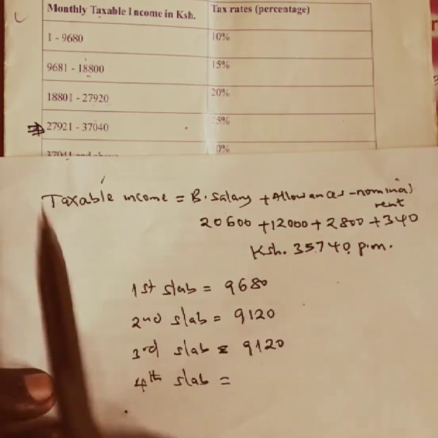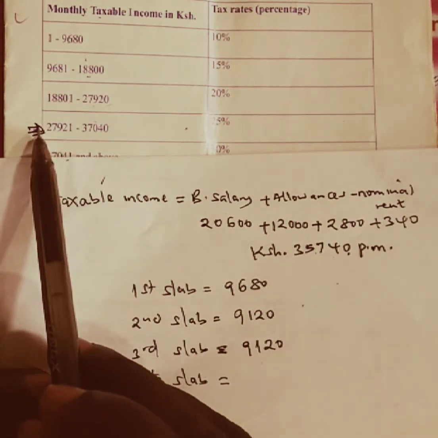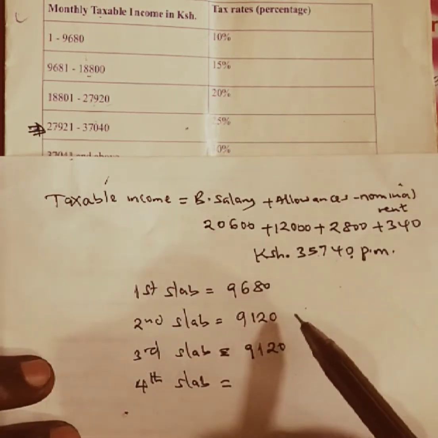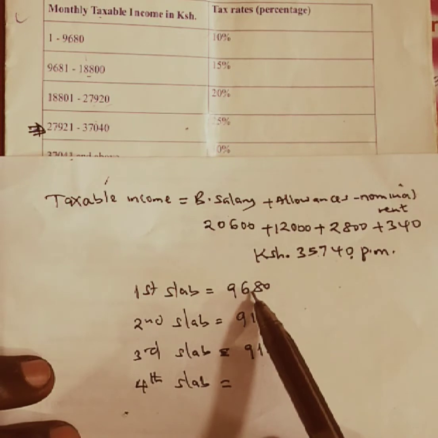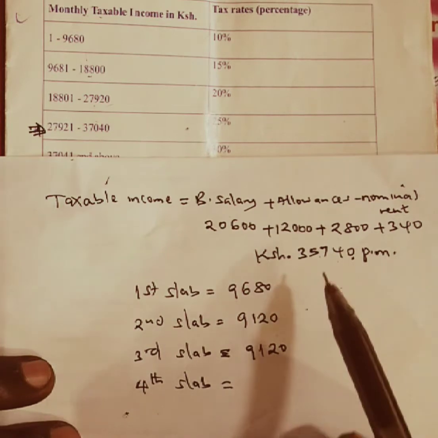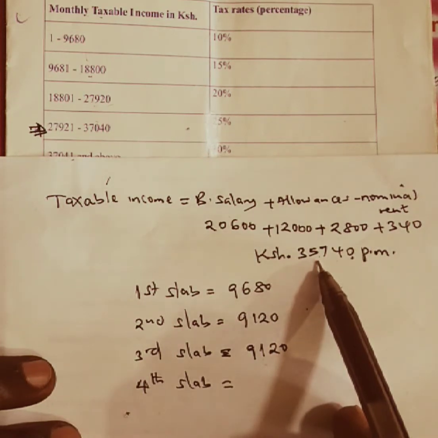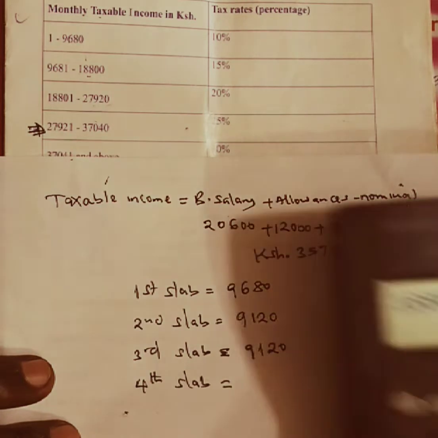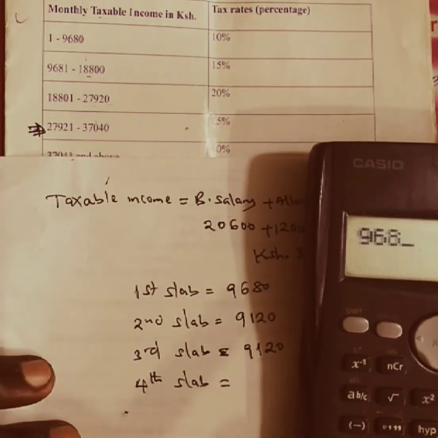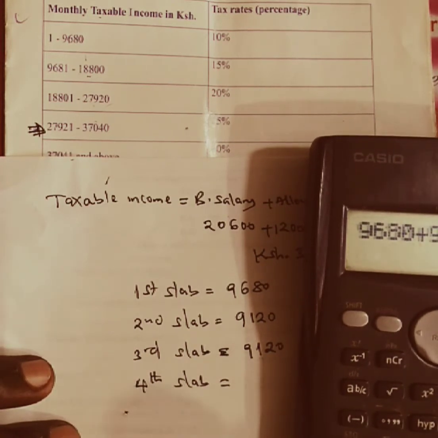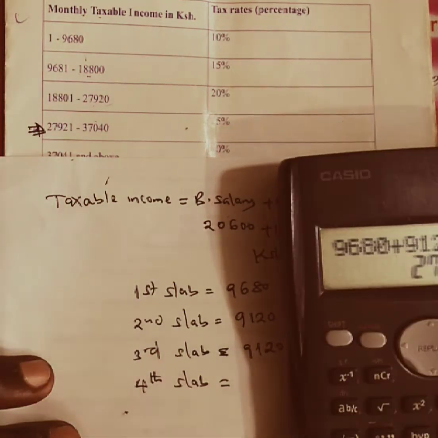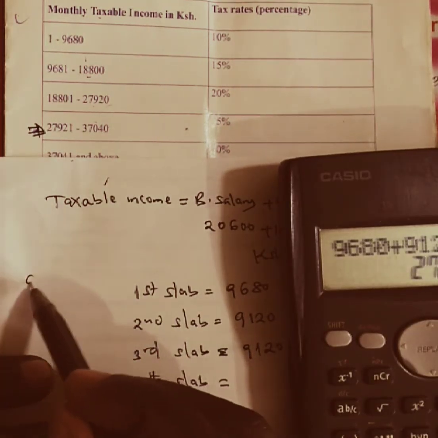So now we are getting into the bracket where our money lies, and so far we need to calculate the amount we have taxed so far. So we are going to take the amount we are going to tax in the first slab, the second slab, and the third slab, we add, then we subtract from 35,740. In this case, if you take 9680 plus 9120 plus 9120, this one is going to give us 27,920.